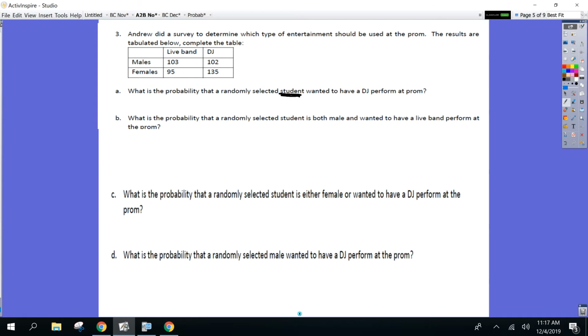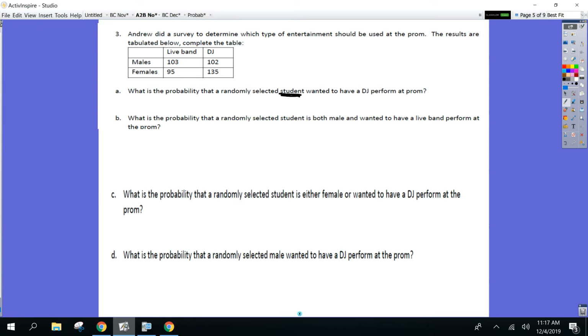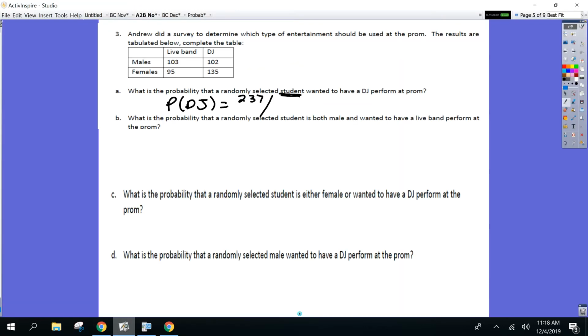How many people wanted a DJ? 237 people. Out of, remember, this is students now, so all students. What's the total number of people I have in that chart?